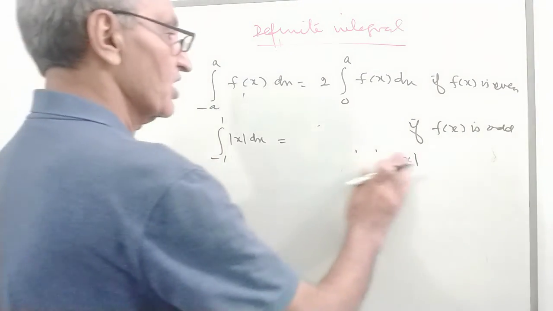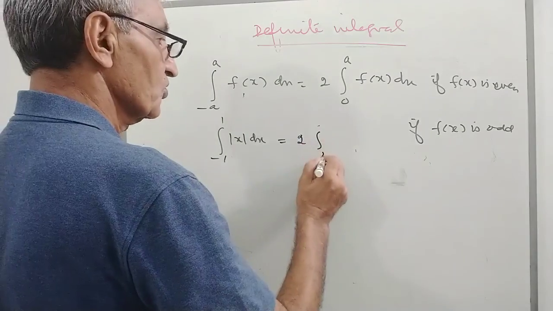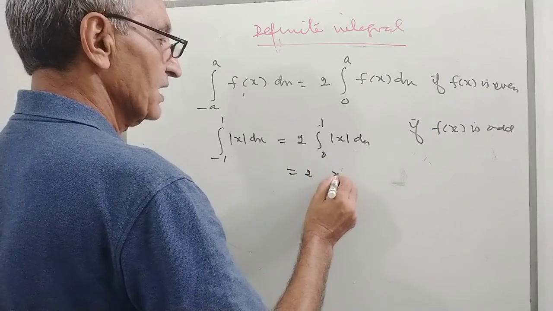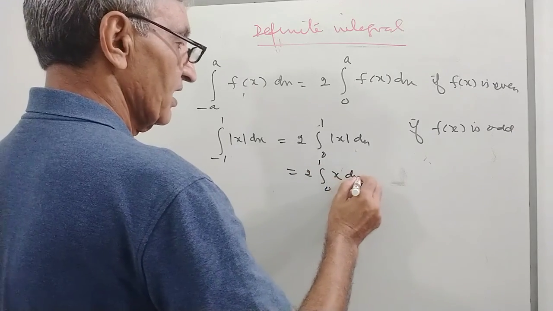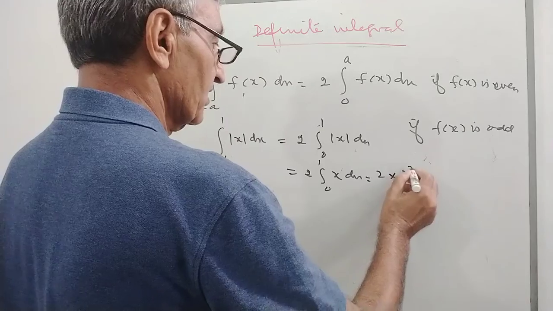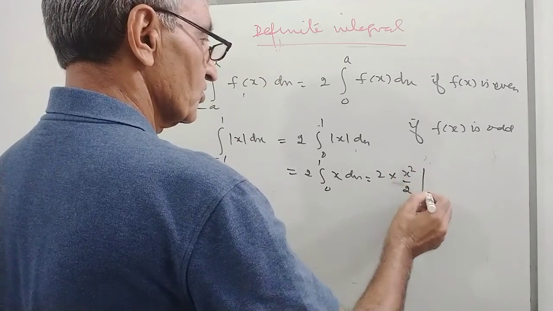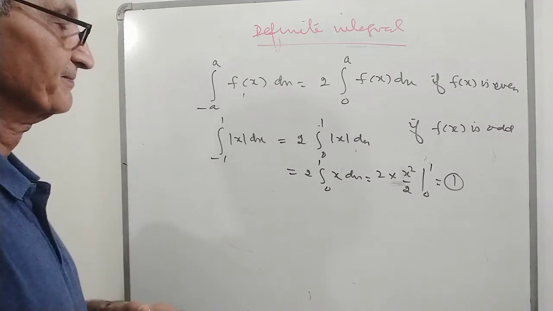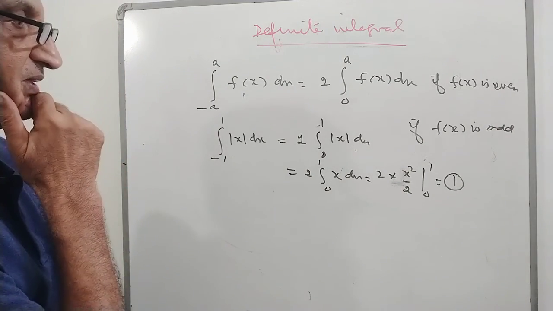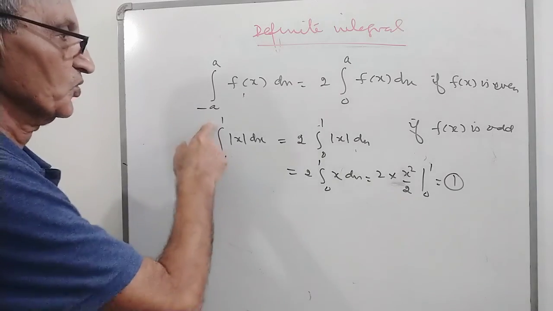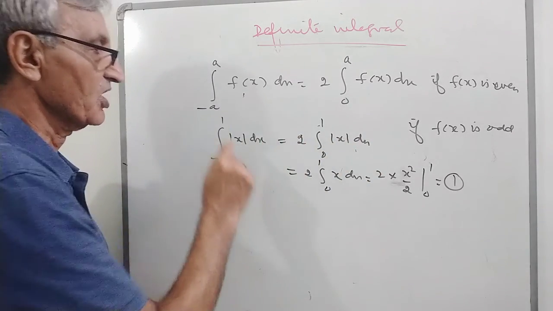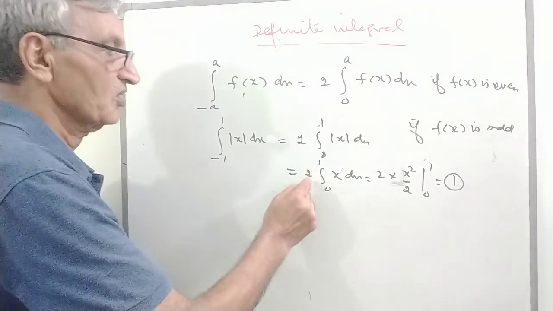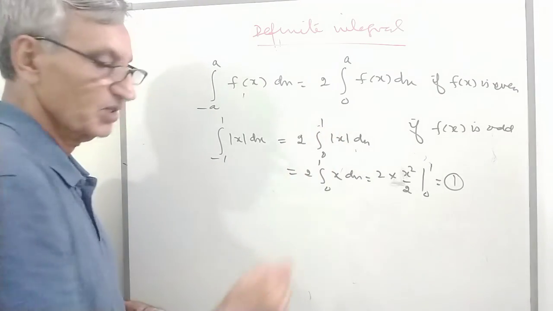When it's an even function, I can take twice the integral from 0 to 1 of modulus of x dx, which is 2 times the integral from 0 to 1 of x dx. The answer is 2 into x square divided by 2 from 0 to 1, and the answer is 1. So we can do this when the limits are minus 1 to 1 and the function is even.